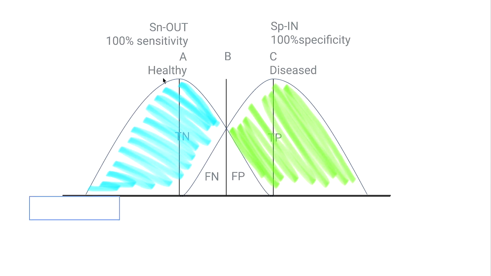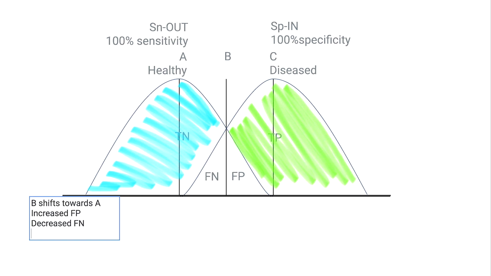There will be an increase in sensitivity, decrease in false negatives, and an increase in false positives. So as B shifts towards A, there is increased false positive and there is decreased false negative.